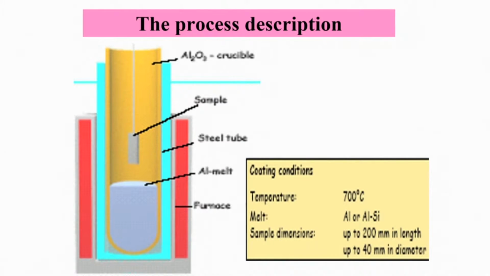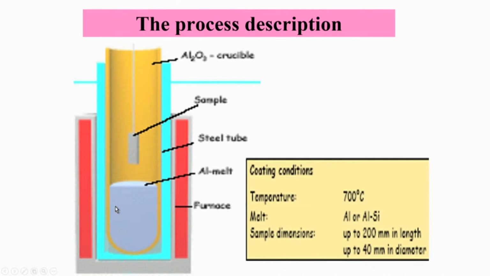So, depending on the silicon percentage, your hot dip molten metal temperature varies. If it is for example 0.1 to 0.2%, it is around 700 to 725 degrees Celsius, but if it is increased to 6 to 7%, then it has a reduced melting temperature.